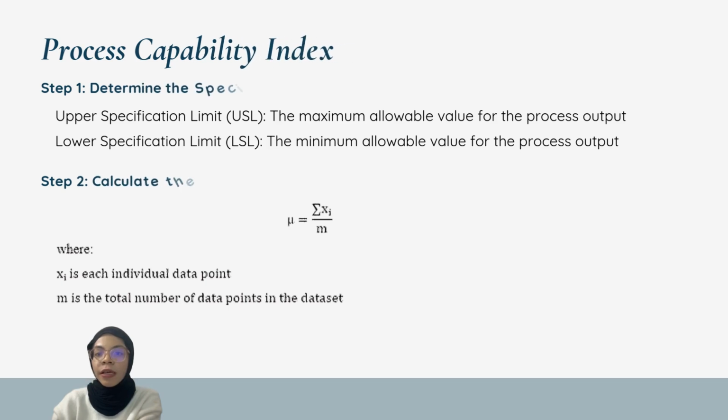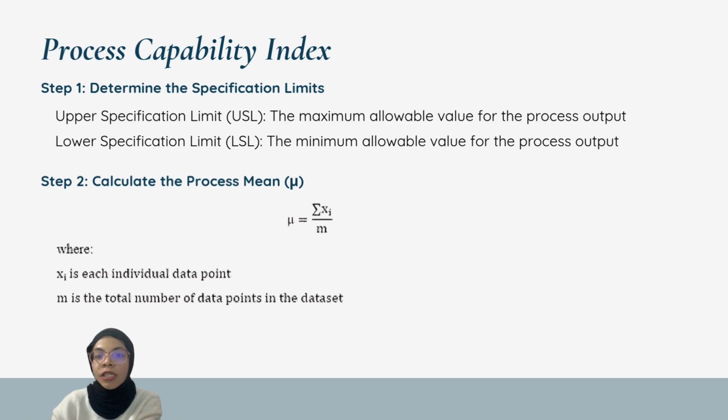Process capability analysis, CP and CPK. The first step of calculating CP and CPK is to determine the specification limits. USL is the maximum allowable value for the process output, while LSL is the minimum allowable value for the process output. Step 2, calculate the process mean.